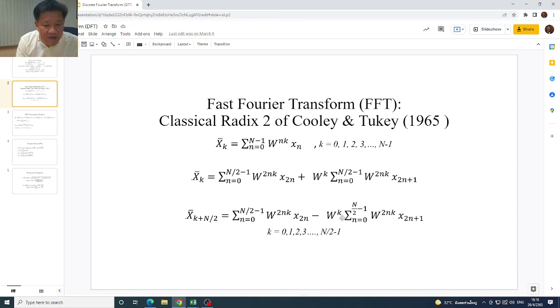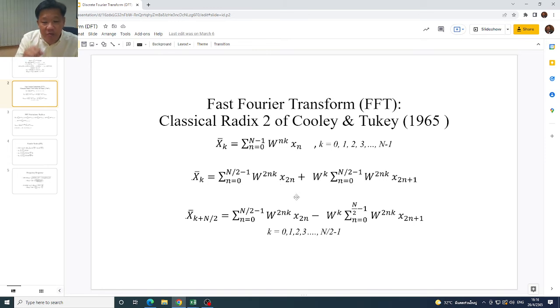Okay, and again, with each of these summations, for the odd-order term and the even-order term, you can keep applying this radix-2 to separate these two functions into two summation terms. That's going to help you reduce the evaluation of each of these summations by half.